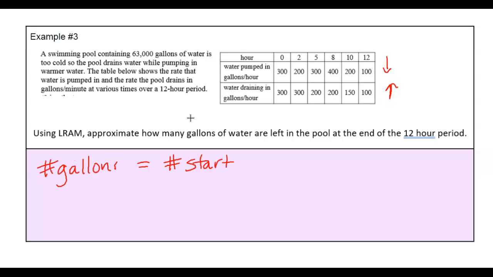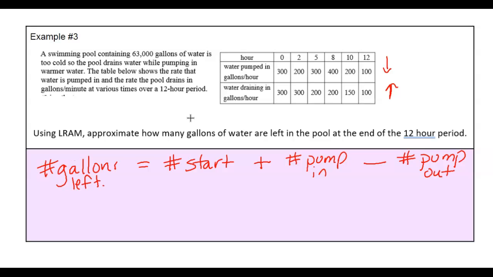Then we're going to pump water in, so add the number that we pump in, and then we have to account for how many is being pumped out. Number pumped out. Okay? So number of gallons left, we'll say that. And it's over 12 hours. That's the value they gave us. We're in the right label.